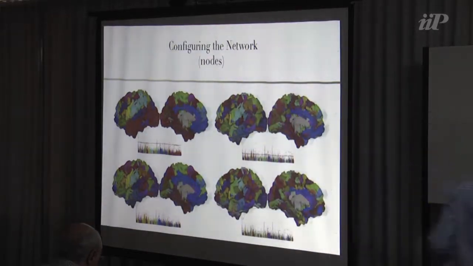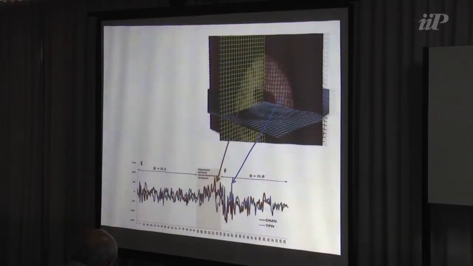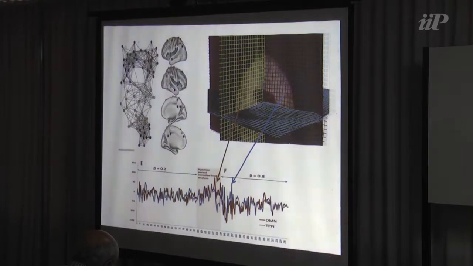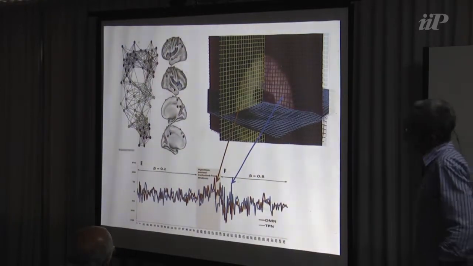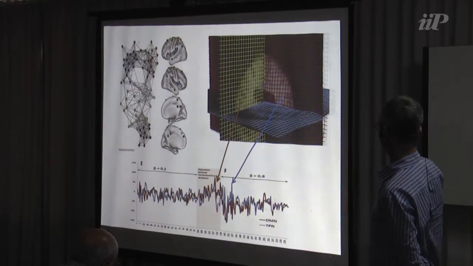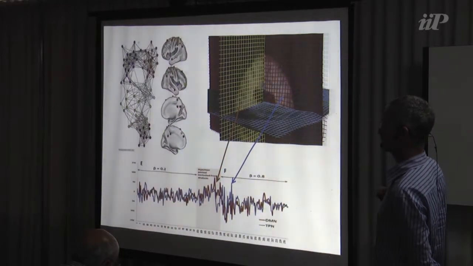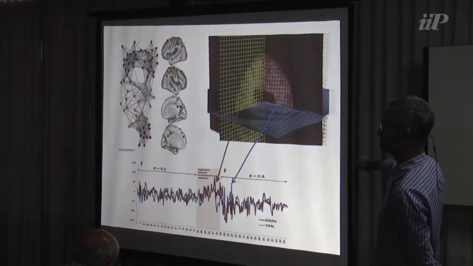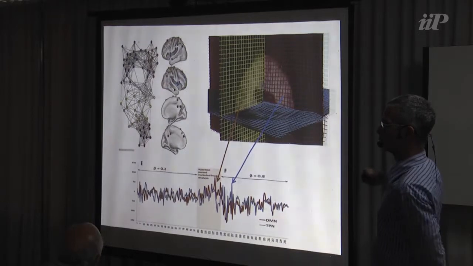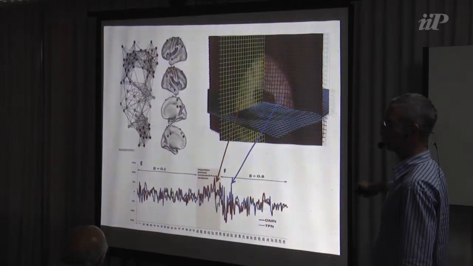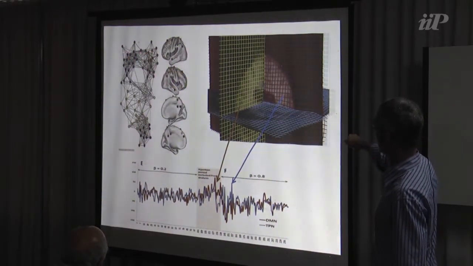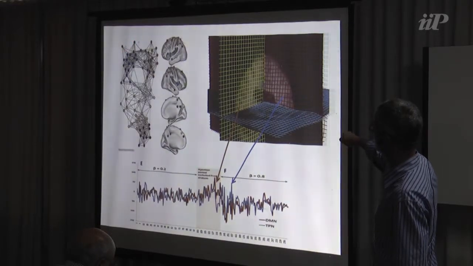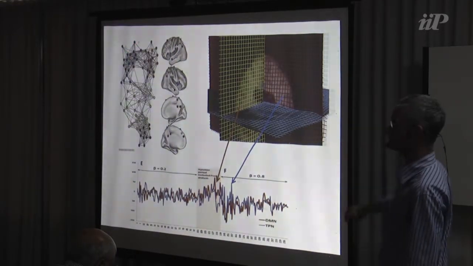And then what do I do? I create the links. The correlation values are the ones that I'm going to try to link to different nodes.